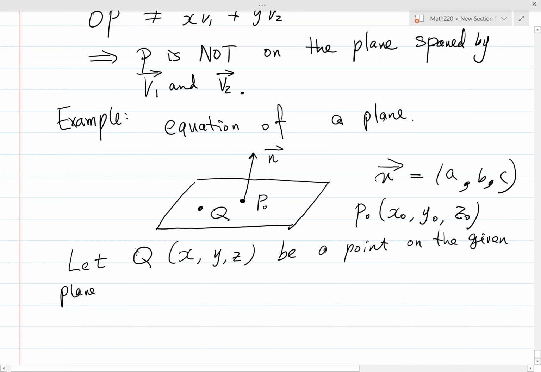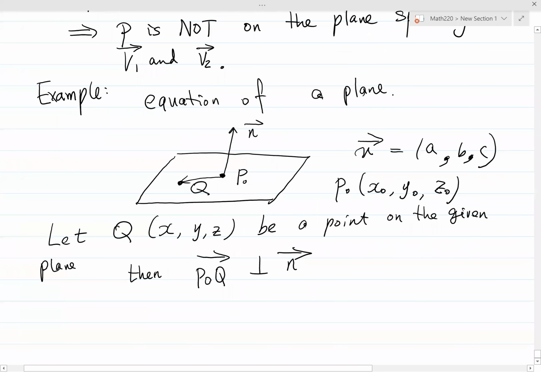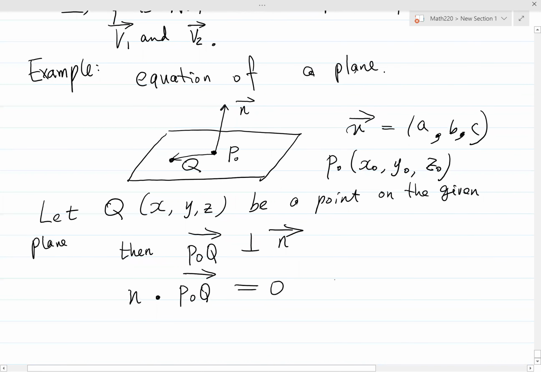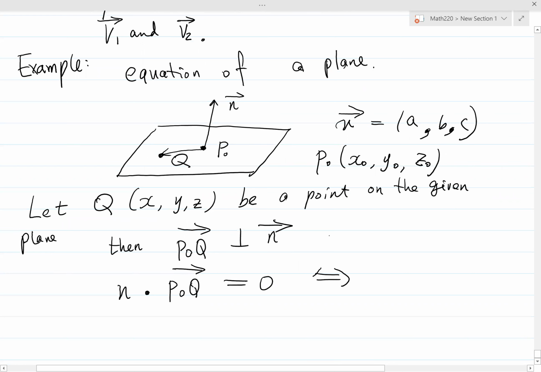Then we have a vector P0Q, and P0Q is perpendicular to the normal vector n. So this is equivalent: n dot product with P0Q should be 0. This condition is equivalent to Q being on the plane.